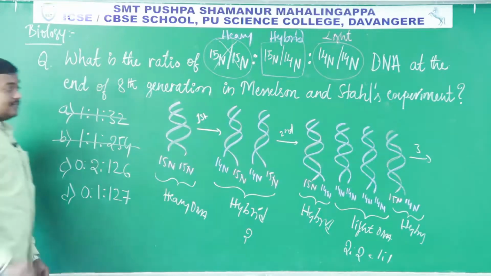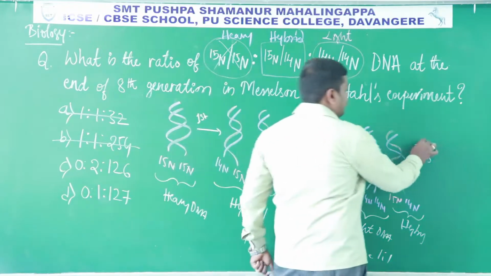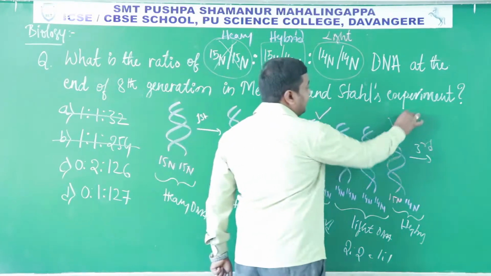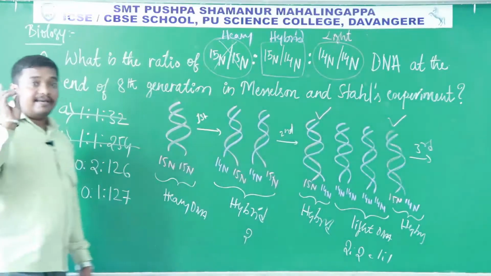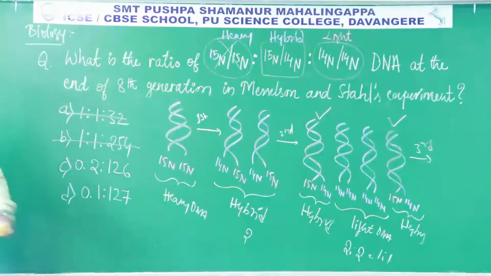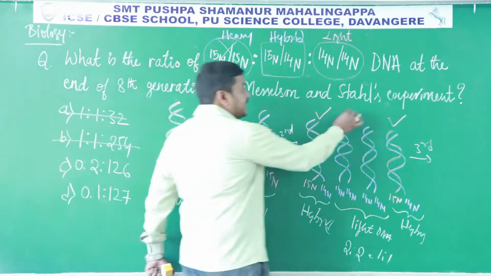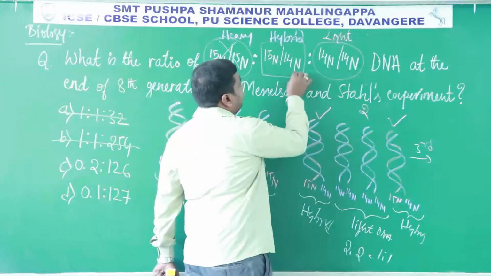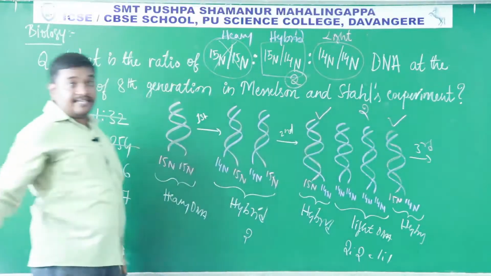However many generations you continue, the amount of hybrid DNA remains the same. You should remember this. It remains 2, the 15N and 14N remains 2 always.